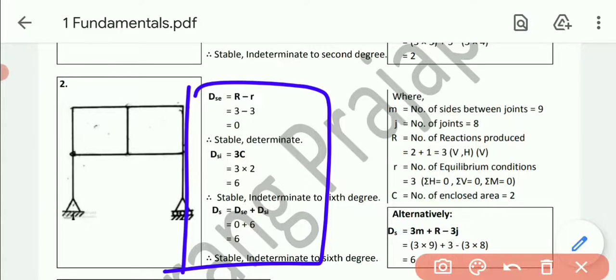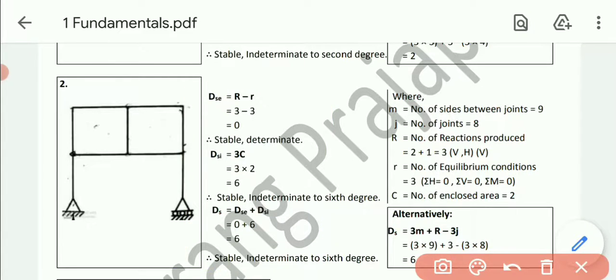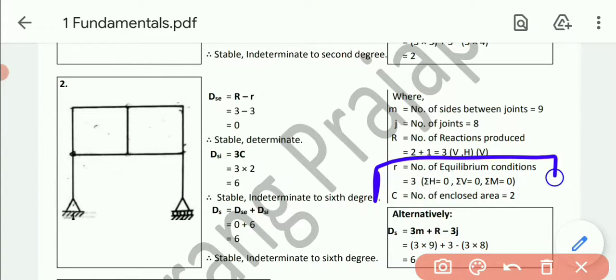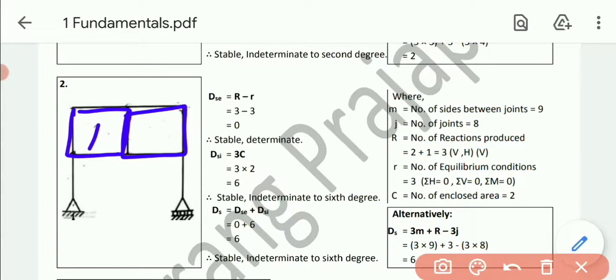So I will calculate first of all capital R, small r and C. For capital R, hinge support has vertical and horizontal, that is 2 reactions, and roller support has only 1 reaction, that is vertical, so the answer comes 3. So capital R's value is 3. Small r, the number of equilibrium equations, is always 3. Talking about C, we can see 2 enclosed areas are there, 1, 2. So ultimately C is equal to 2.